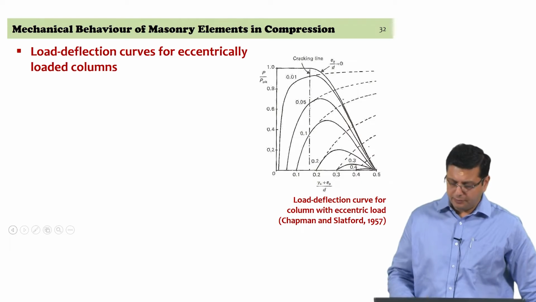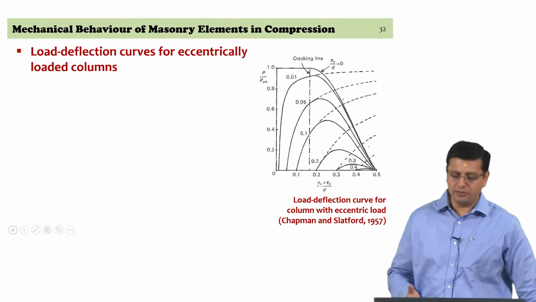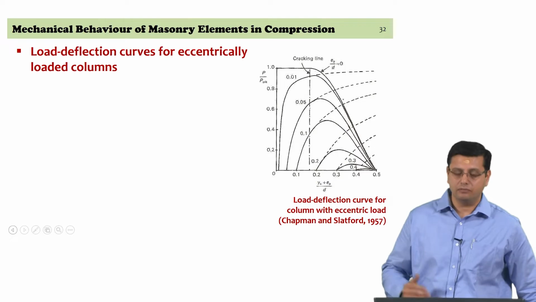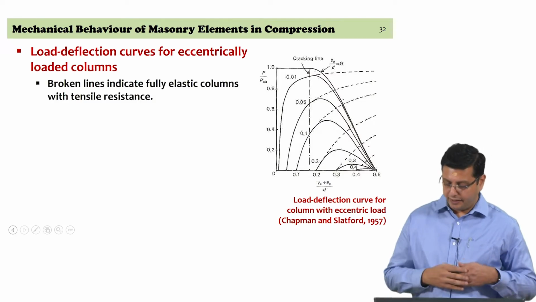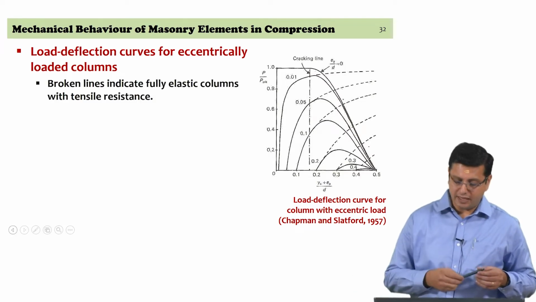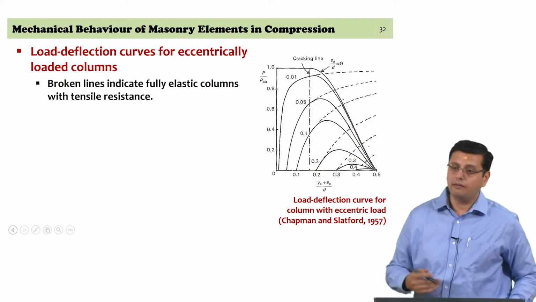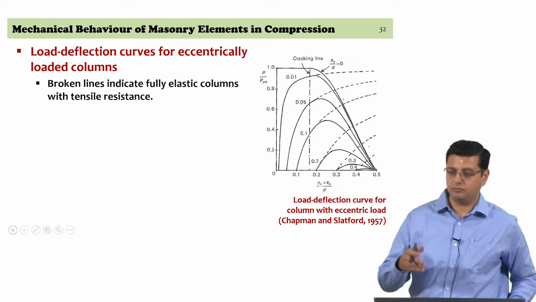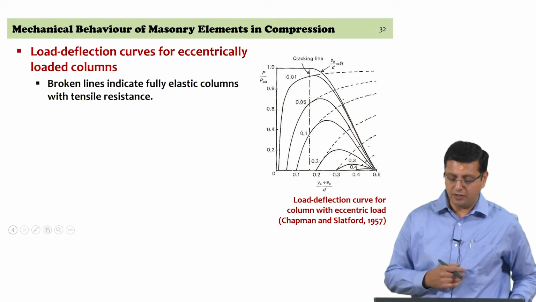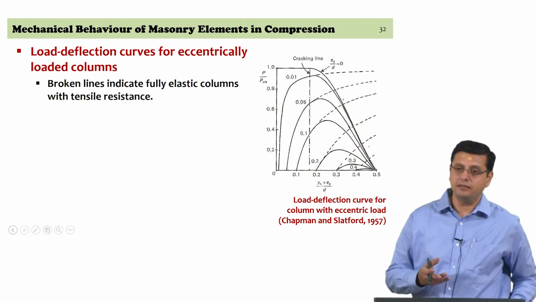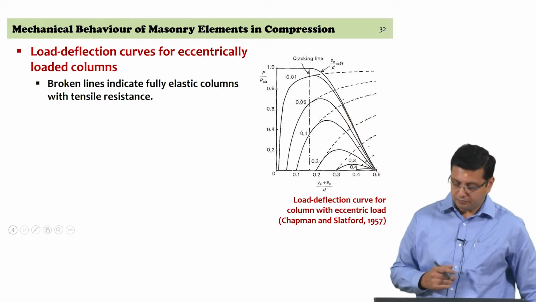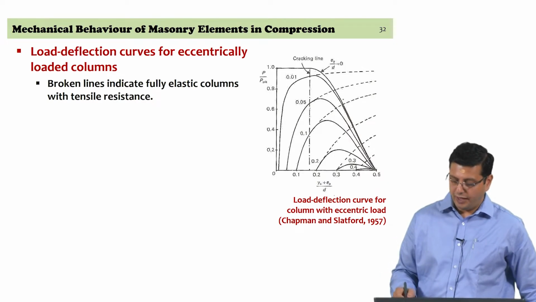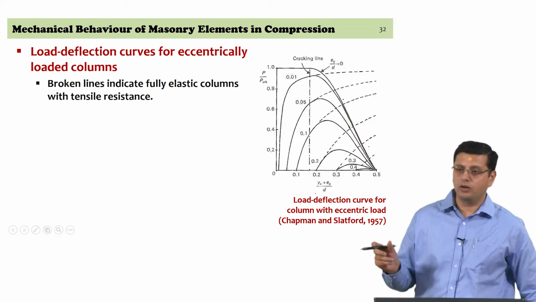So, I am just looking at some other forms in which you will see design curves made available for masonry design. So, in this particular example that we are seeing, you can see the normalized load on the y axis, P, the elastic buckling load, to the P critical, and on the x axis you have the total deflection.